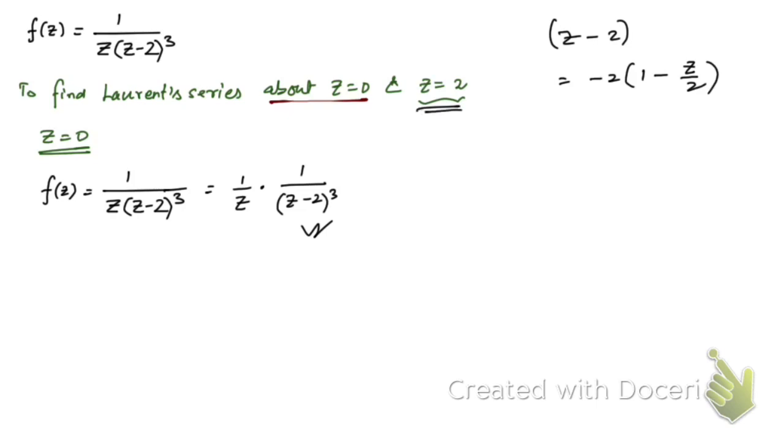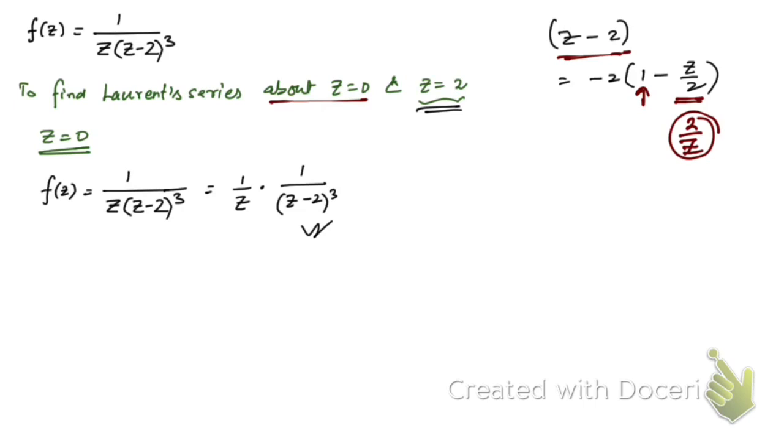And remember one thing, always take the common in such a way that here you get 1 and here you get z by 2, or whatever the number is. But don't get it like 2 by z. That will be wrong.